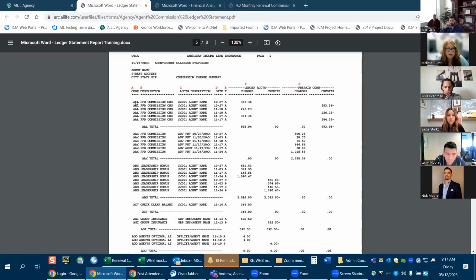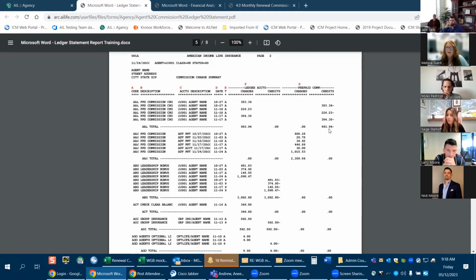Then specifically, they can go to each number and look at transaction code AAL, prepaid commission chargeback. This represents the weekly ledger chargebacks that home office processed to that particular agent number in that month. They'll see a weekly charge, and this will tie to the weekly charges that they see on their advance report.